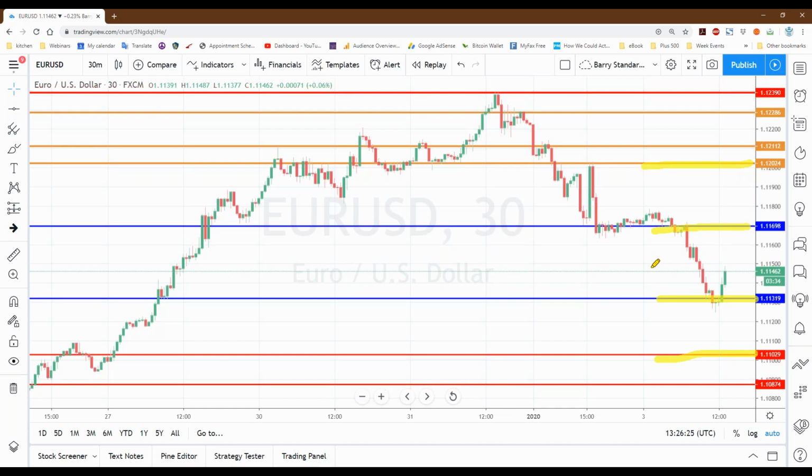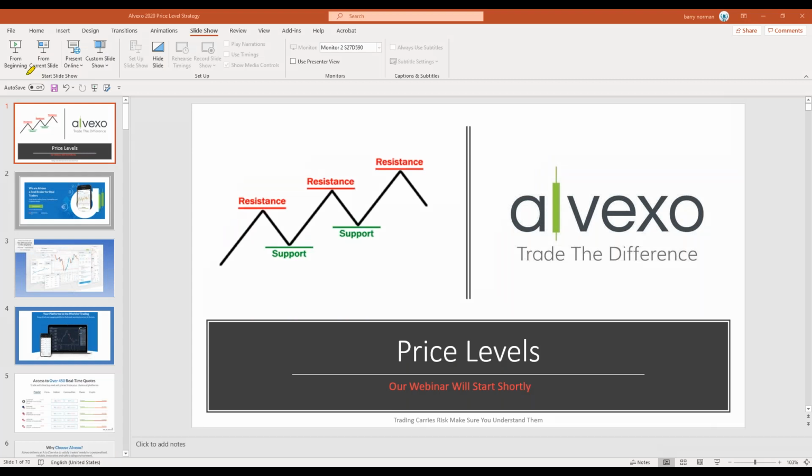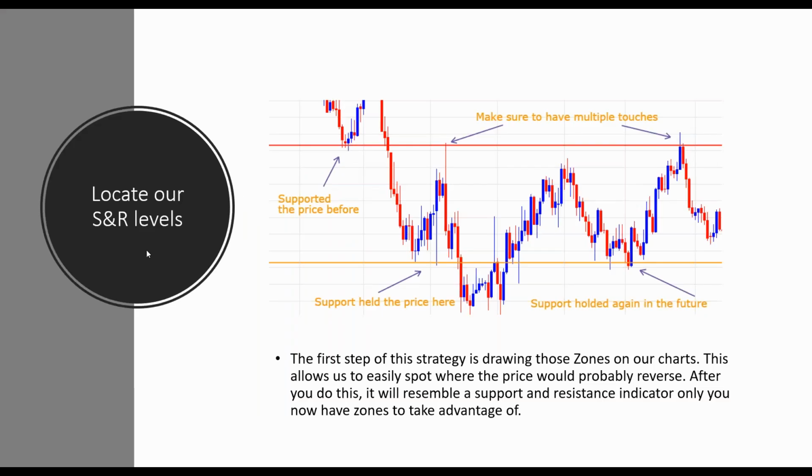Okay, that's it. At this point, after you do this, it will resemble a support and resistance indicator, only you now have zones to take advantage of.